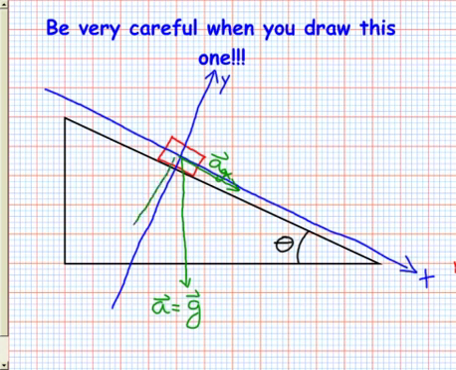So it's going to be this way, and that's going to be the acceleration from gravity in the y direction. All right. Now I'm going to move the y vector over, slide it over so its tail is connected with the gravity in the x direction.